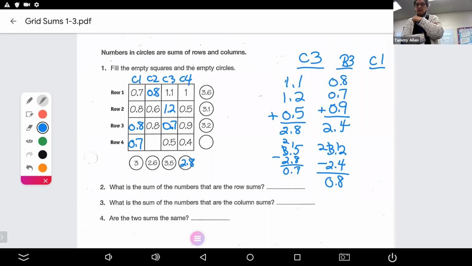Somebody from home, what did you get for the value for column 2 that's missing? Kaylin, what'd you get? I'm still working on mine. Mallory, what'd you get? 0.4. 4/10? Did you guys get 4/10? Yeah, 4. Okay.